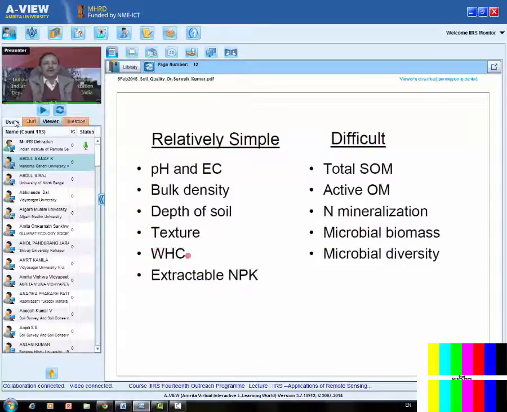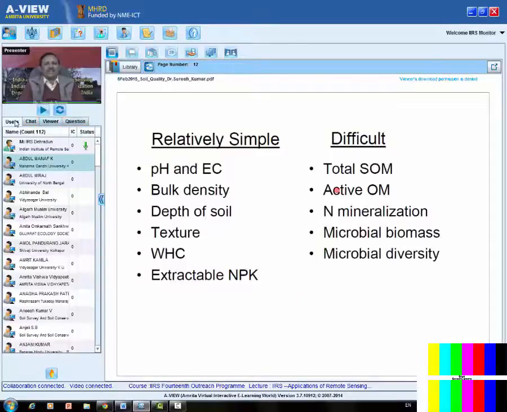Sometimes we can assess water holding capacity with the help of depth and texture, and with these two parameters we can calculate it. And extractable nitrogen, phosphorus, potassium, the primary nutrients, we need to measure to assess the soil quality.